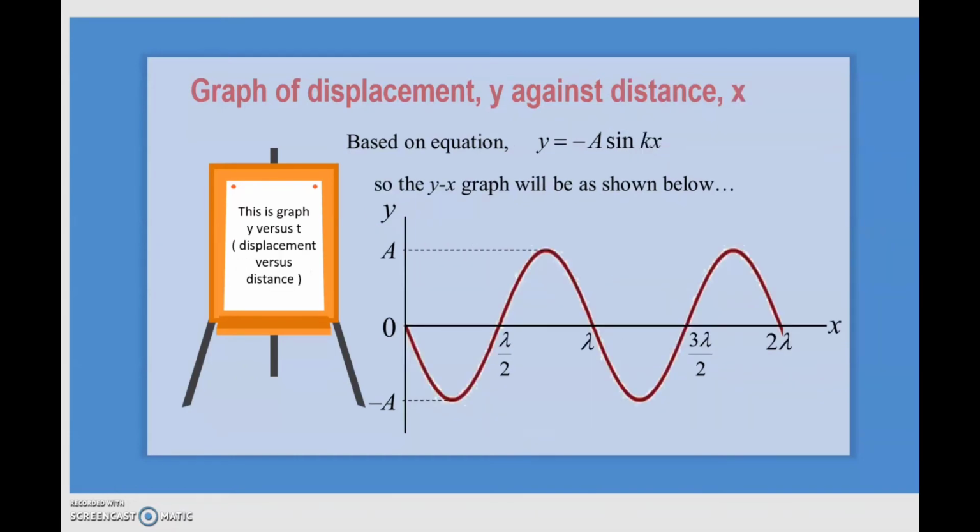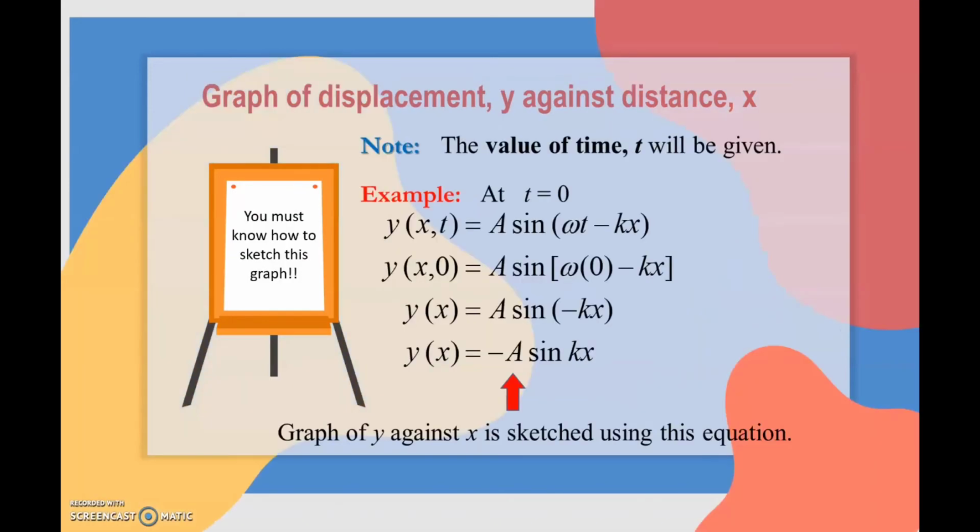Okay, so now we move to the graph of displacement versus distance. Based on our equation, we have y(x,t) equal to a sine(omega t minus kx).